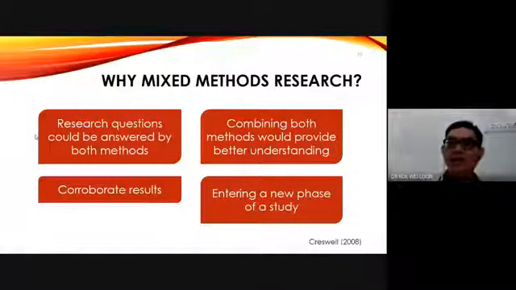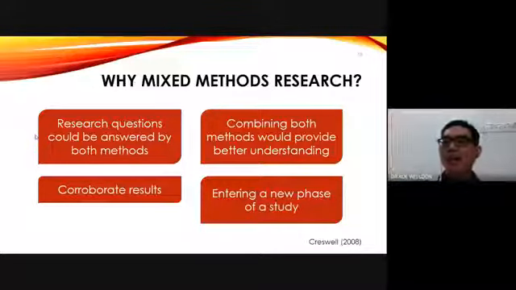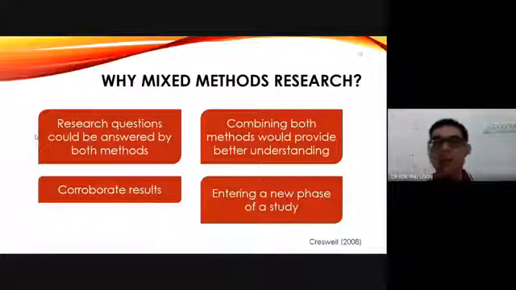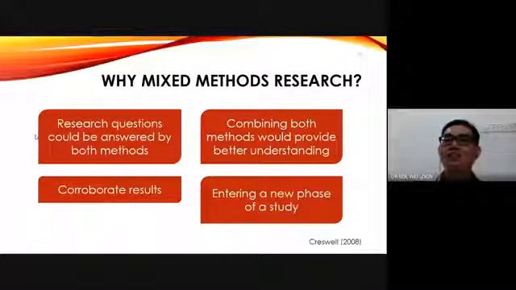For example, your research questions consist of wanting to know the level or the extent of certain things, such as the extent of customer satisfaction. If you want to know the extent, the level, definitely that requires quantitative analysis.